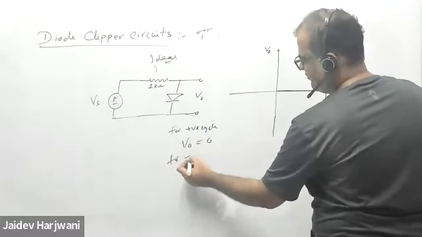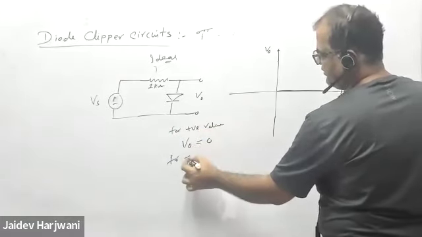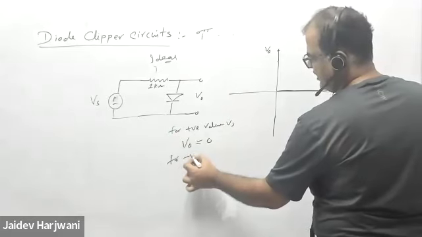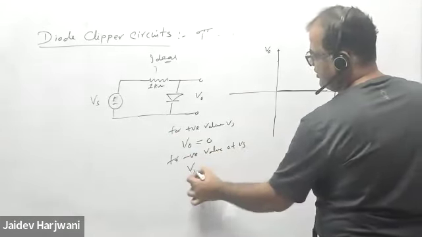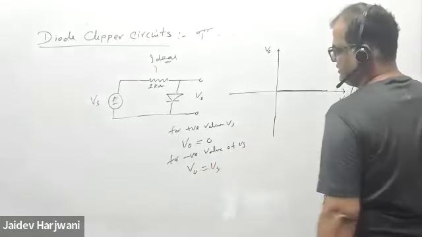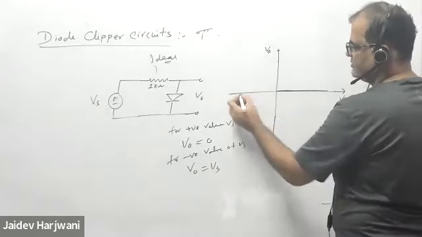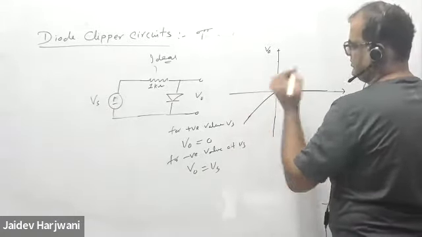And for negative values of Vs, my V naught will be equal to Vs. Since Vs is negative, V naught will also be negative. So this will be the curve.